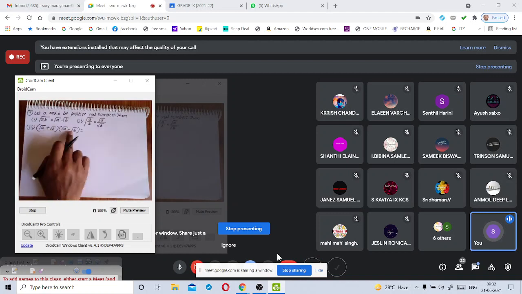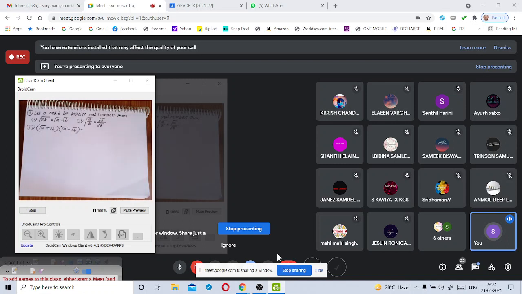If you observe this one, it is in the form of x plus y into x minus y. Yes or no? That is an algebraic identity.